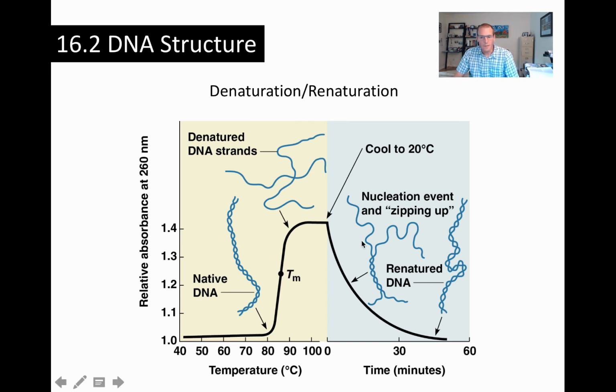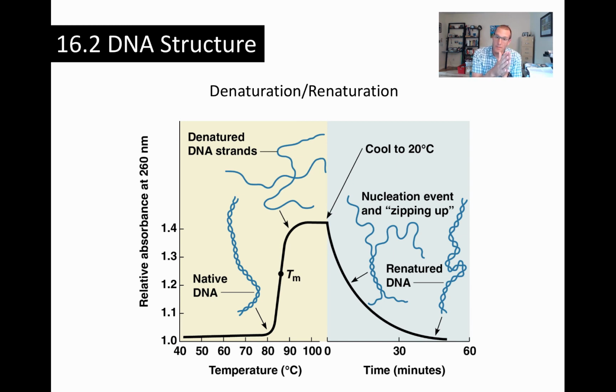So this is the whole basis of nucleic acid hybridization experiments. You can identify DNA sequences by looking at the renaturation of a piece of DNA that we call a probe, which has some similarity with a target DNA molecule, and depending on their similarity, they will match at a certain temperature. That's their melting temperature. 50% of them will be re-annealed.